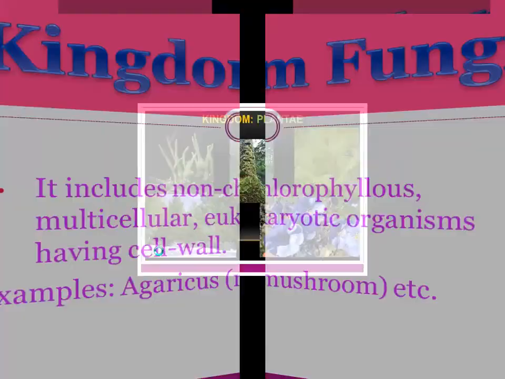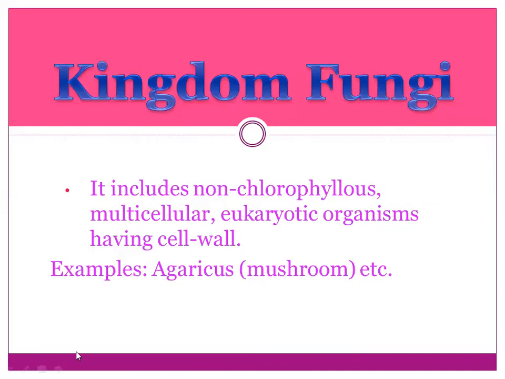Cell wall is the character of plants, and non-chlorophyllous is the character of animals. So instead of placing them in the plant or animal kingdom, they made another group for them, that is kingdom fungi. The example is mushroom, and the scientific name of mushroom is Agaricus.